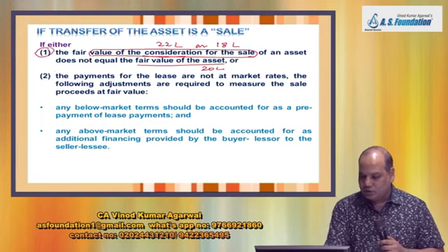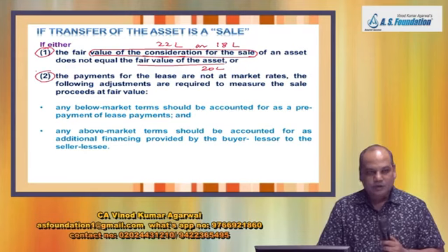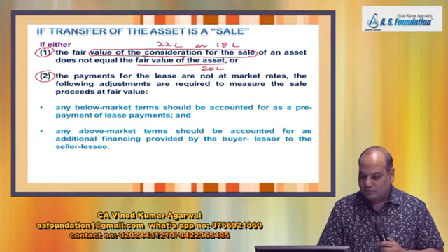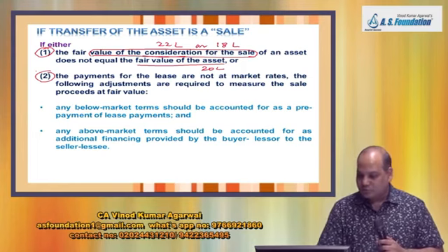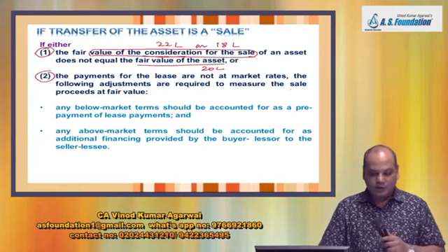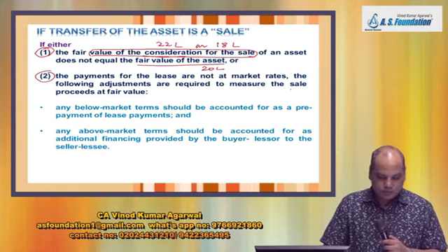So if either or both of these situations exist, where sale value is not equal to fair value of the asset, or payment for lease rentals is not at market rates, the following adjustments are required to measure the sale proceeds at fair value.